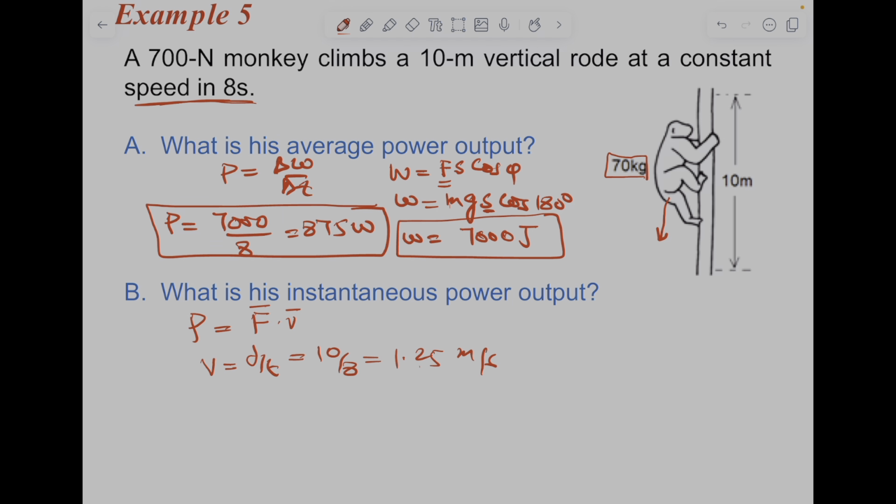So your P is F dot V, which is F V cosine theta.